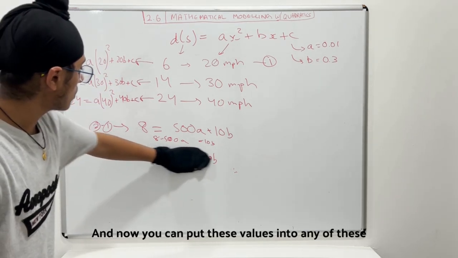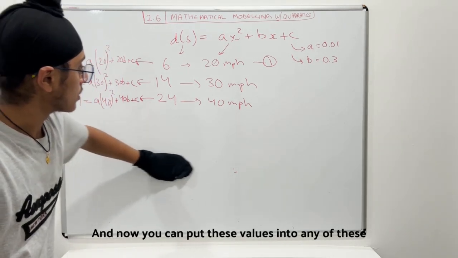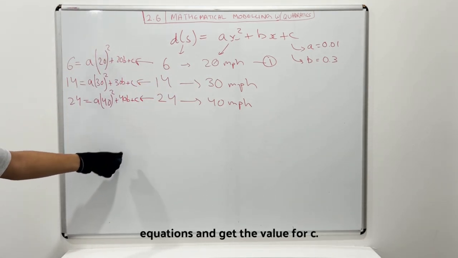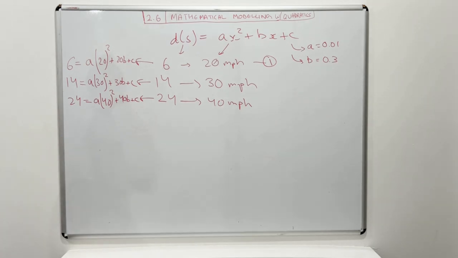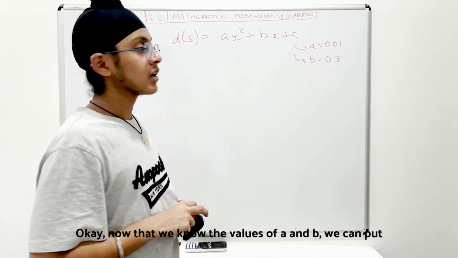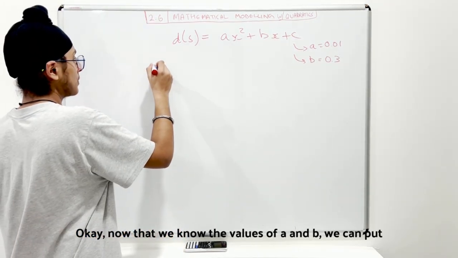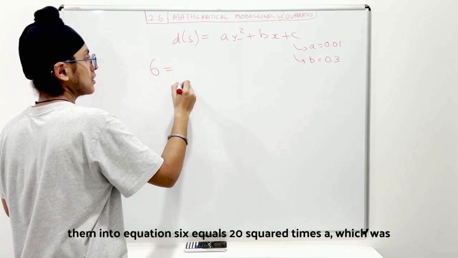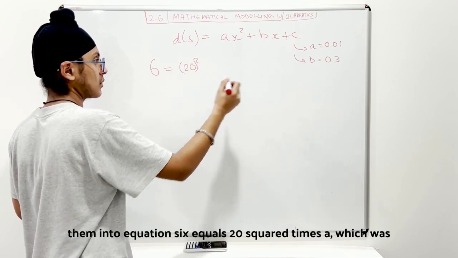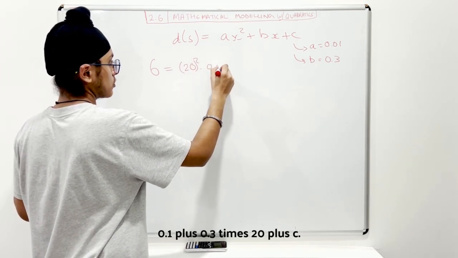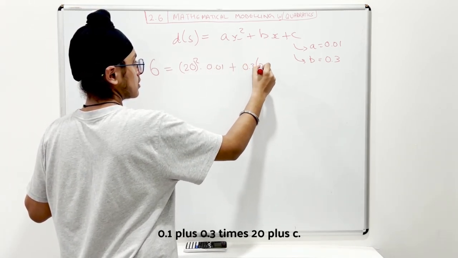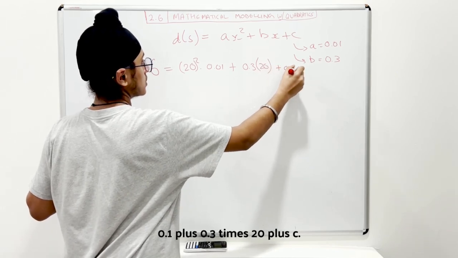And now you can put these values into any of these equations and get the value for c. Now that we know the values of a and b, we can put them into the first equation: 6 equals 20 squared times a, which was 0.01, plus 0.3 times 20 plus c.